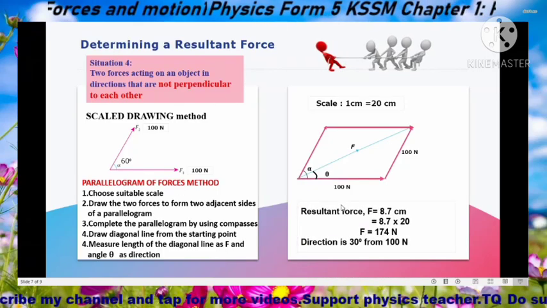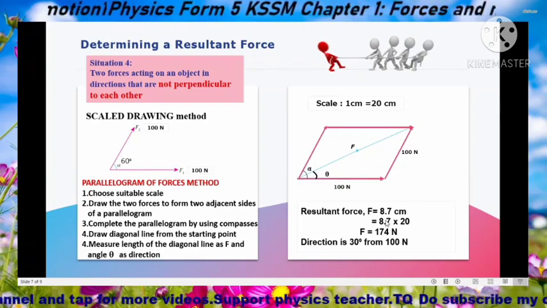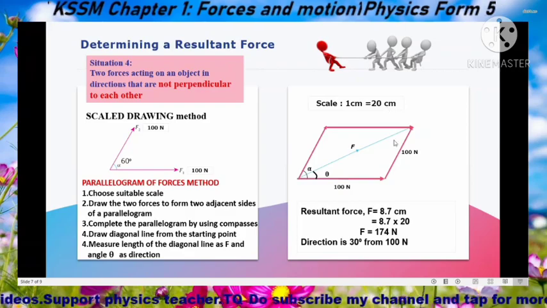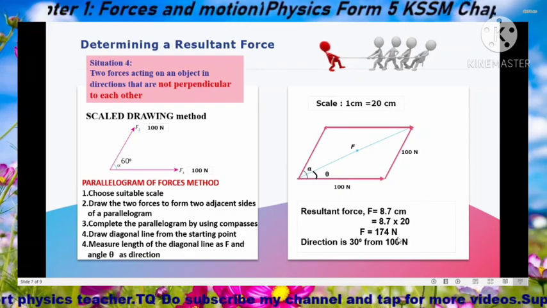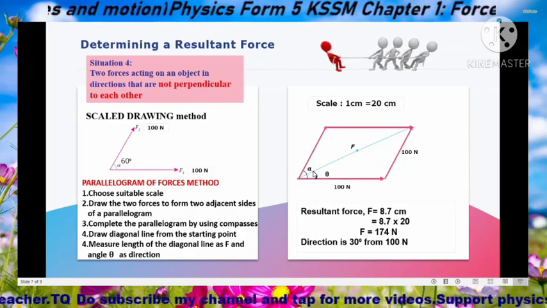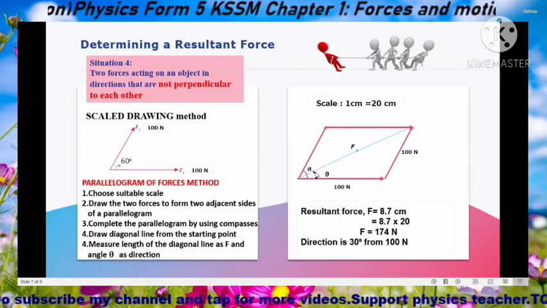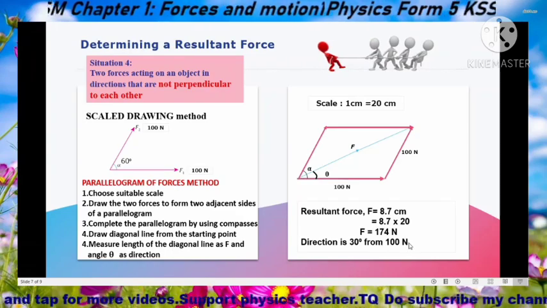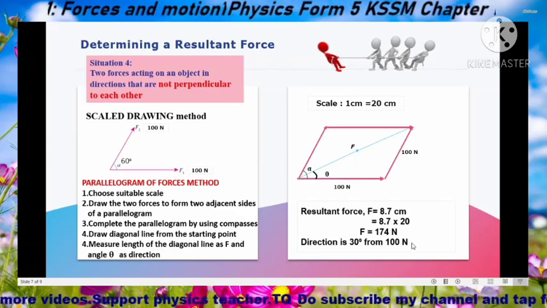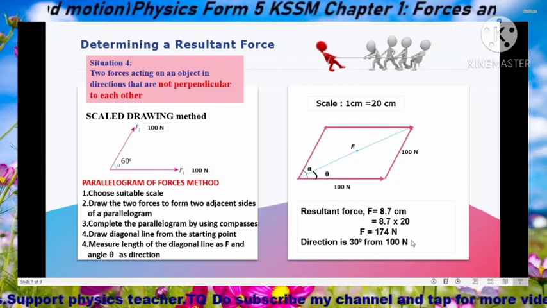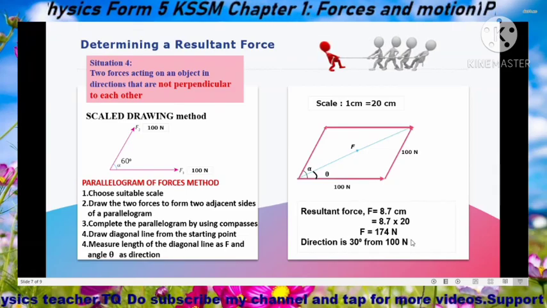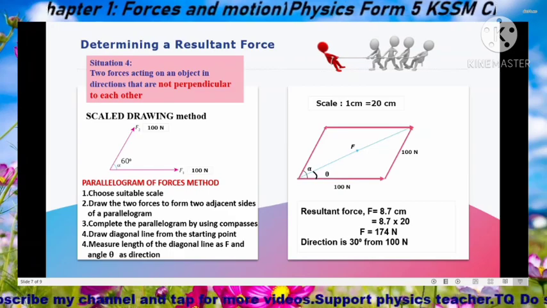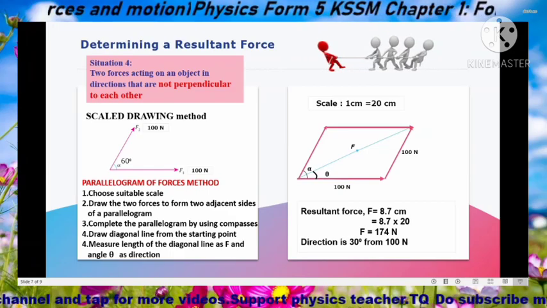So you should get the same value, 8.7 centimeter. So 8.7 times 20, you get 174 Newton. Direction is also the same. You can use this one, theta. Direction is 30 degrees from 100 Newton or F1. So you can try to draw this first. So for the triangle method and parallelogram method, both should get the same answer.